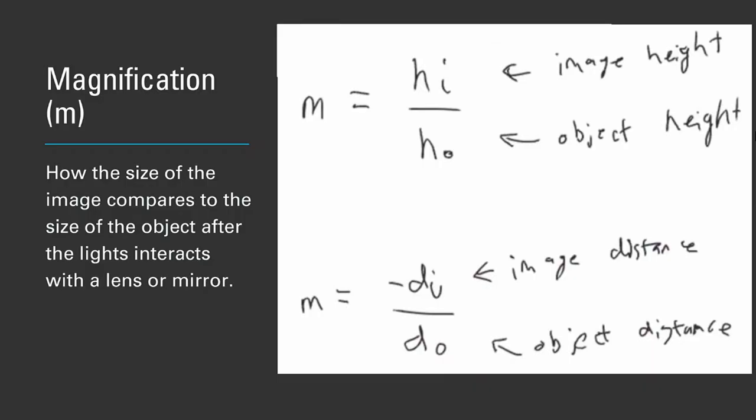If you think about magnifying glasses that a detective might use, they're able to see a small thing in better detail because they're magnifying the object and seeing an image that's much bigger than the original object. To calculate the magnification that a lens or mirror provides, you just take the height or the size of the image and divide it by the height of the original object.